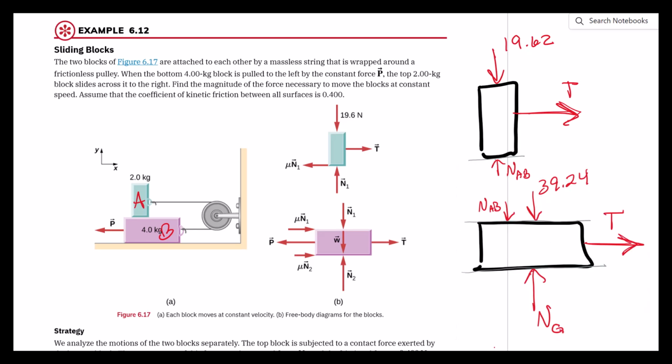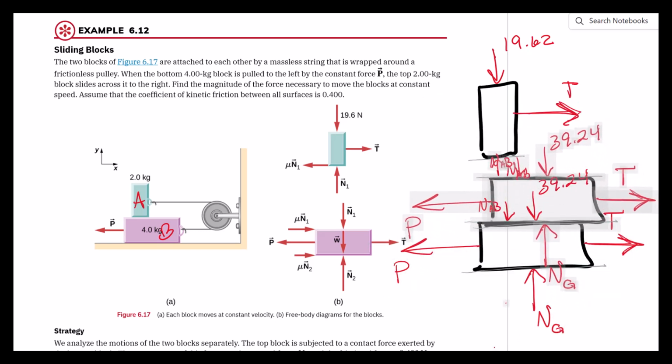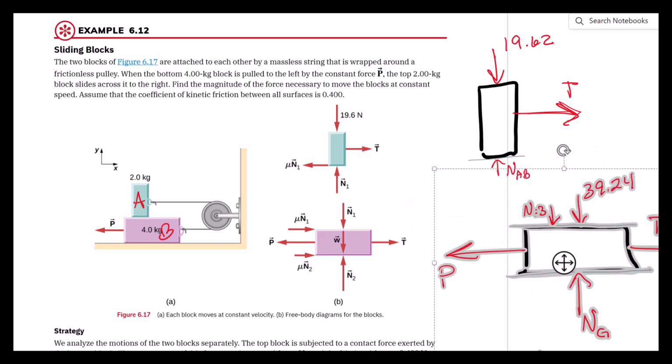Oh, and the P off to the left. That's how I know I've done it right. For the purposes of making sure I've got the normal force arrows drawn the right way, if I combine them, they go away and everything else is still there.